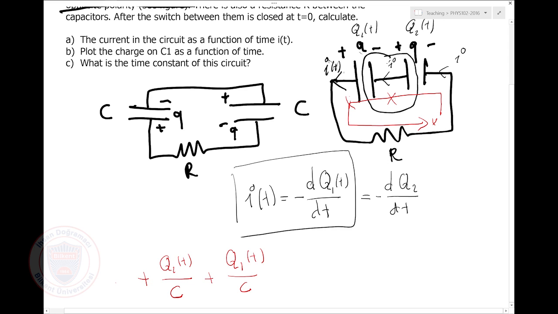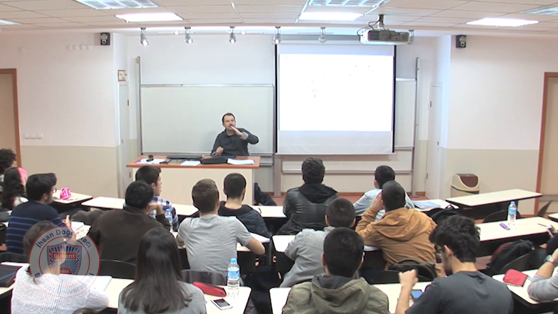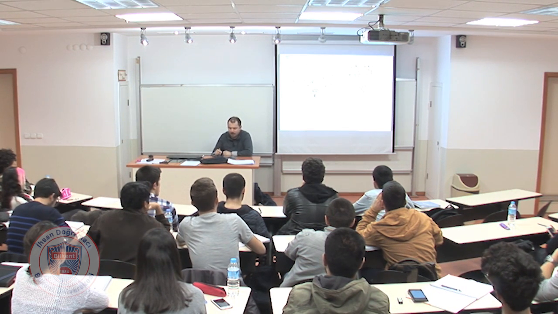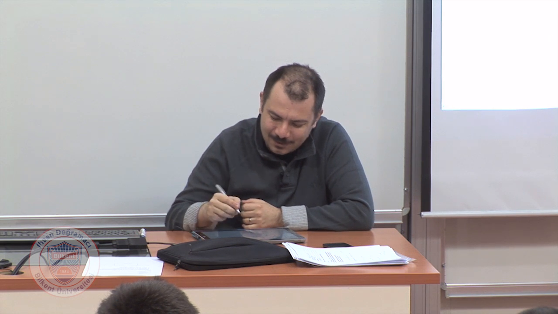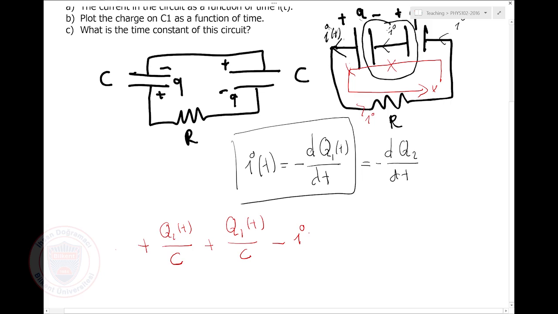And I'll go back to my original starting point over the resistor. Here is my current. Am I going to go down in potential or up in potential? I'll go down because I'm in the direction of the current. That's the direction current is flowing, I said. And current must be flowing downhill, if you want. Right? So it must be minus I of t times R.